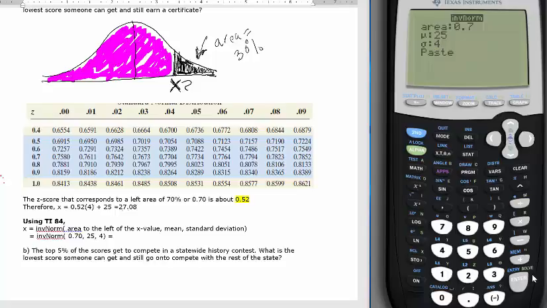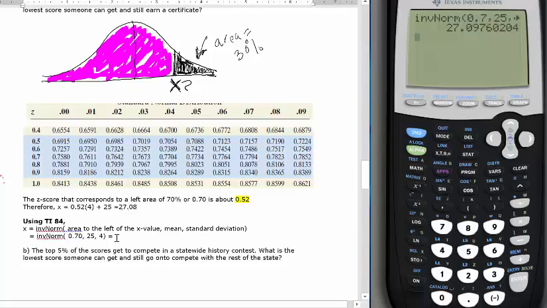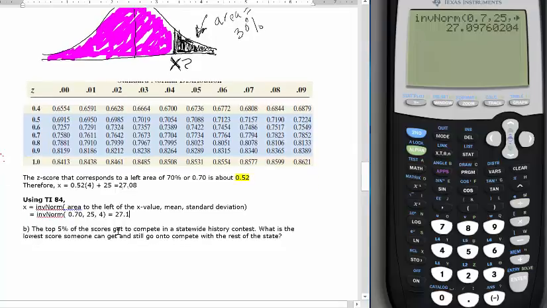So I'm going to put 4. Paste. And here you go. 27.08. 0.0197, if you want to round it, would be 27.1. Slightly different from using the table. Okay. Next part.